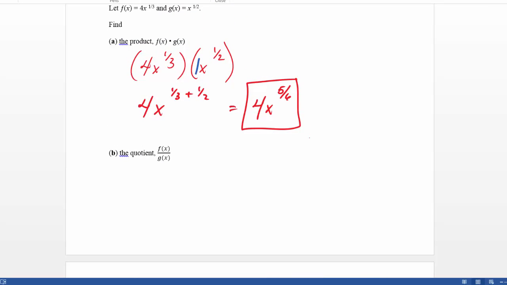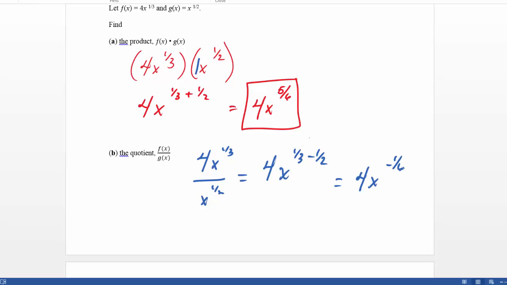Alright, now we'll do the quotient. So this is going to be 4x to the 1/3 over x to the 1/2. Again, this is subtraction because we're using division this time. And in this situation, we get a negative number.